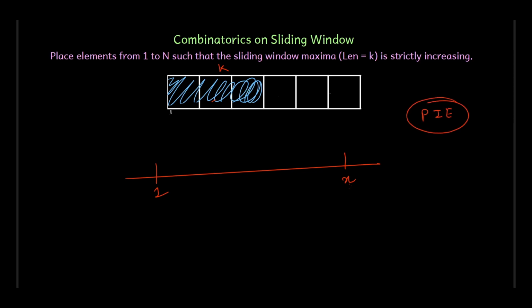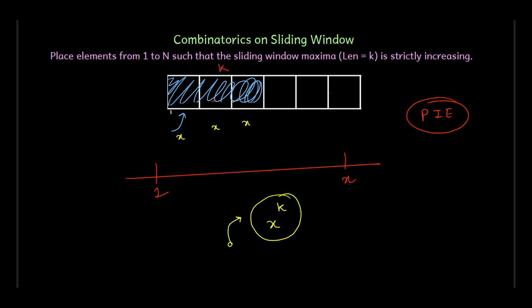And what you do is you ask, how wrong can I be if I just blindly assign everything in 1 to x? It has x choices, x choices, x choices, and so on, so the total number of ways is x to the power k. But there are some bad actors over here. There are bad arrays in which the maxima is not reached.